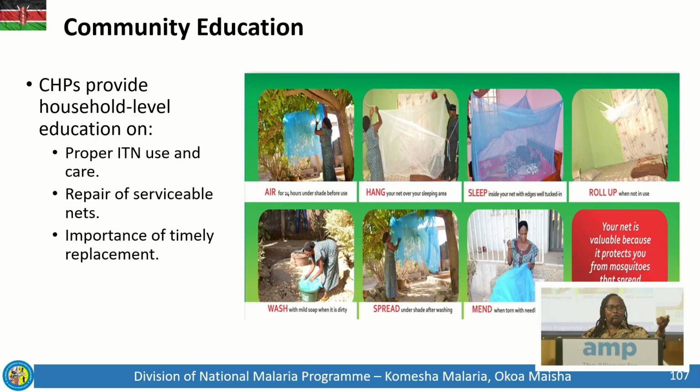And then the other opportunity we had is that the CHP, by visiting the households, was able to provide household-level education on proper ITN use and care, and repair. They were actually able to teach how to repair a net that the system determined repairable, and the importance of timely replacement of those nets.